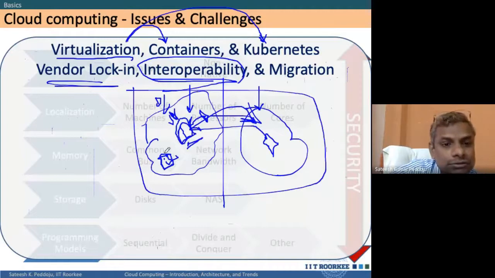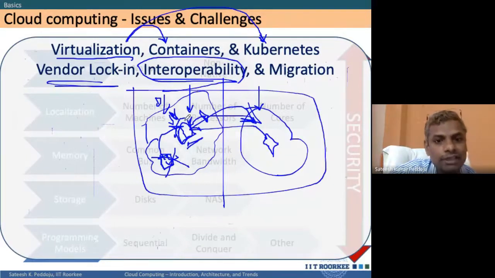So the point I'm trying to make is, I can move this application onto this machine so that this machine can be turned off. This movement is called migration. You can migrate the application from one VM to the other VM, and this migration can be live migration or offline migration.